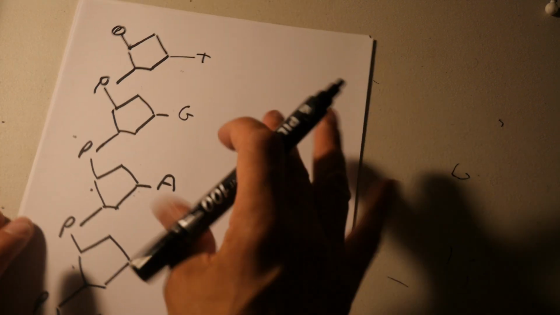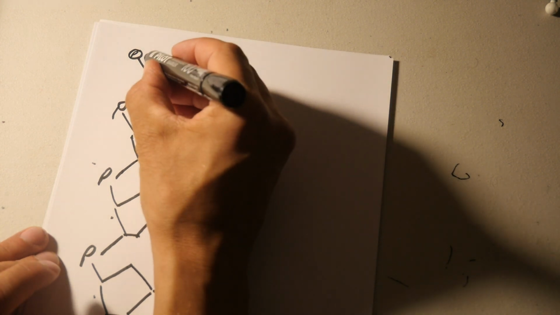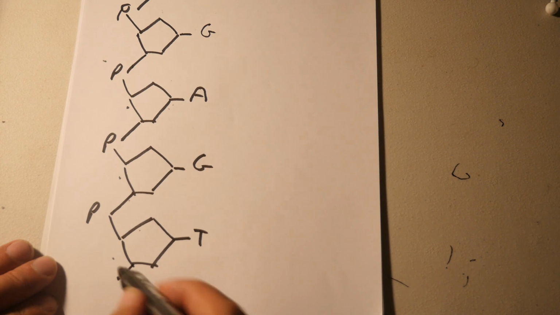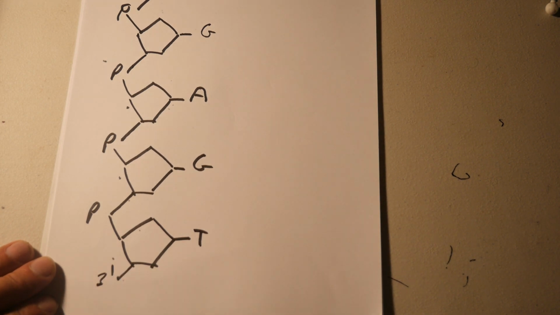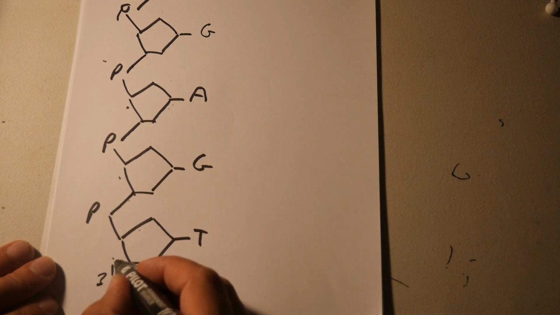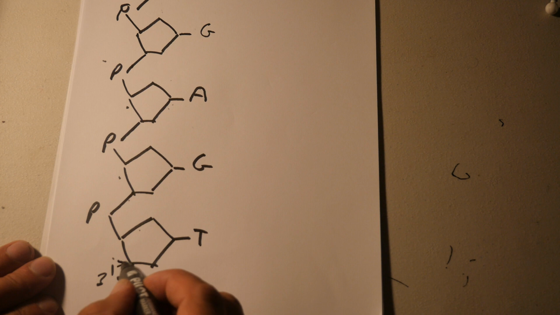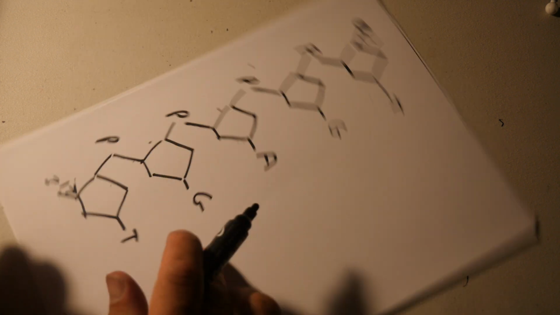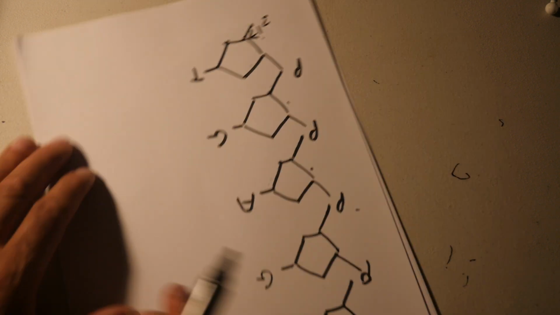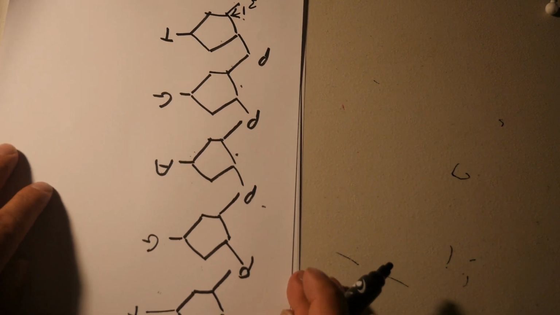This side goes 5 prime up here, and that is 3 prime. That's the 3 prime carbon here. So to do another complementary strand, you just turn it around. It's as simple as that.